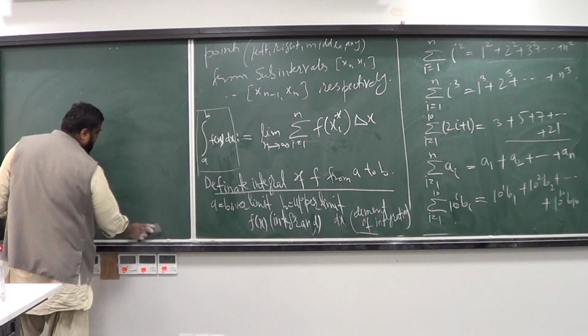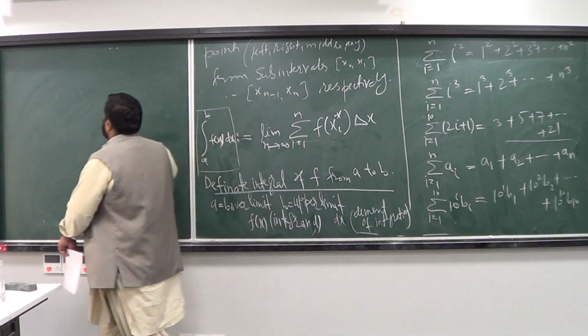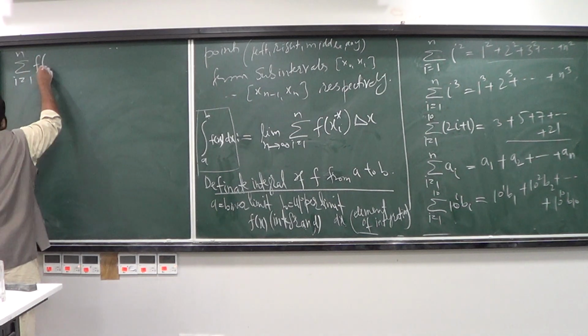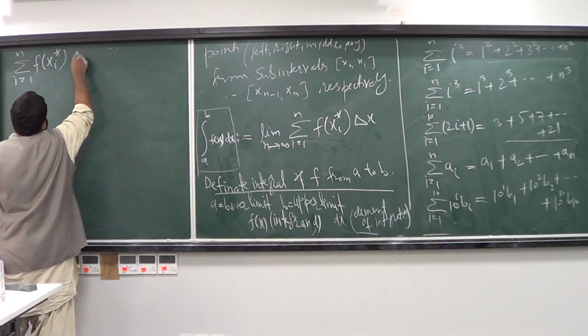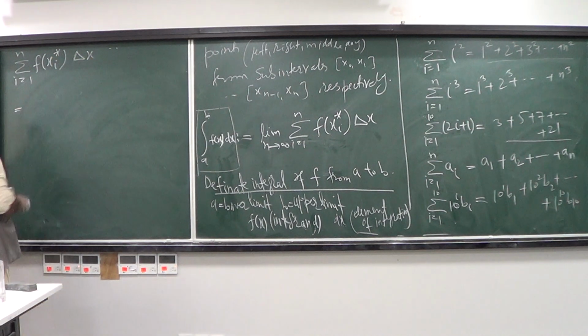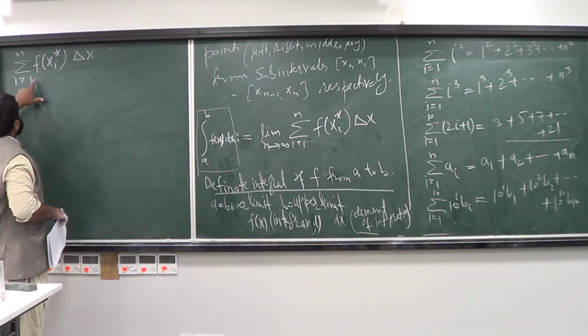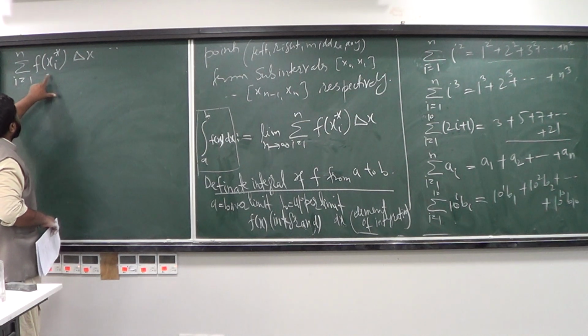Now let me give you, by the way, the interpretation of this. If I have a sum that goes from i equal to 1 to n, f of x_i star times delta x, and I apply the same strategy and expand this, wherever in the expression you see i, first substitute 1, then substitute 2, then 3, up to n.